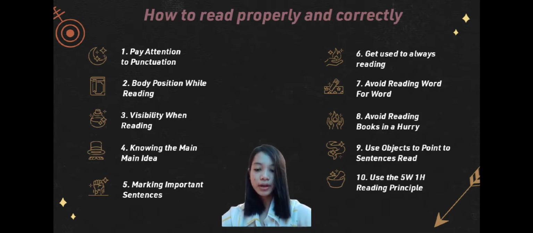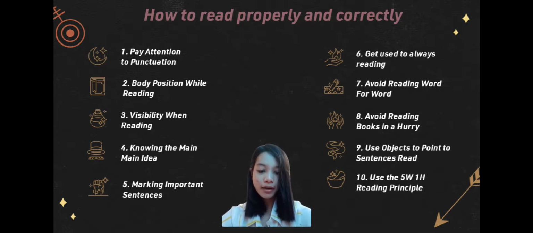4. Knowing the main idea. The thing you need to know when reading a book is the main idea of each paragraph you read, so you can easily find out the contents of the reading as a whole.